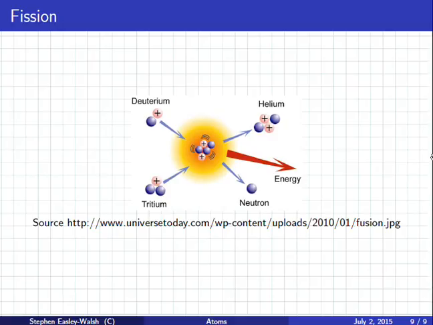So all our nuclear power plants actually use fission. But there are plans to make fusion power plants. This is a very difficult process, in fact.